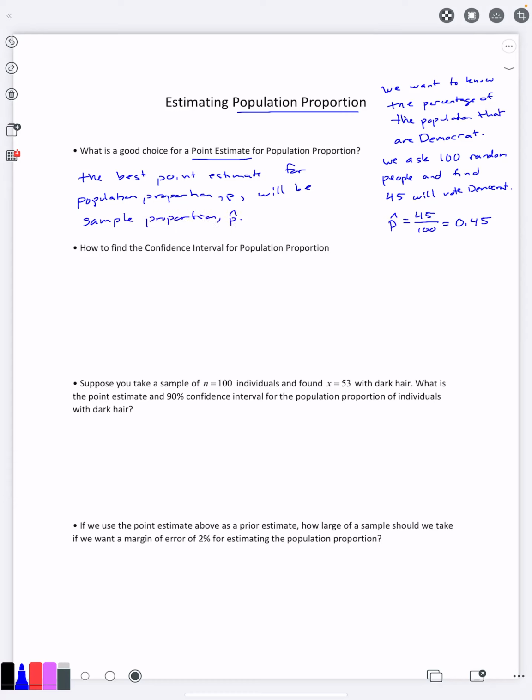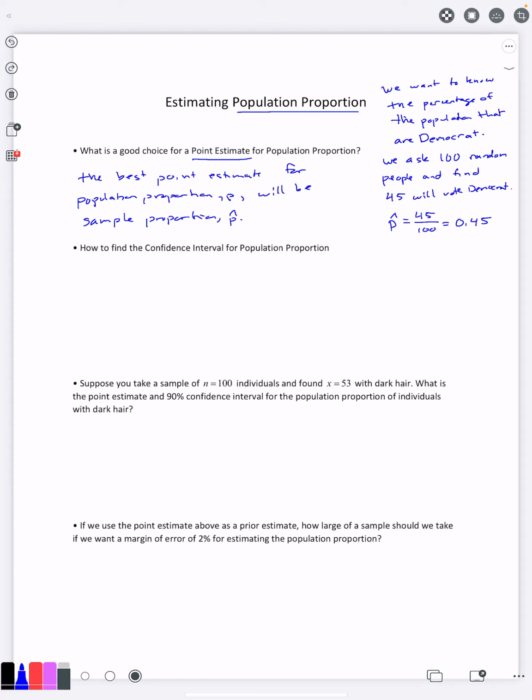So anytime you have to make a guess as to the value of your P, your population proportion, and all you have is a single data point, a single sample, you might as well just use the sample proportion. That's the only number we really can even possibly guess. So that's our point estimate.